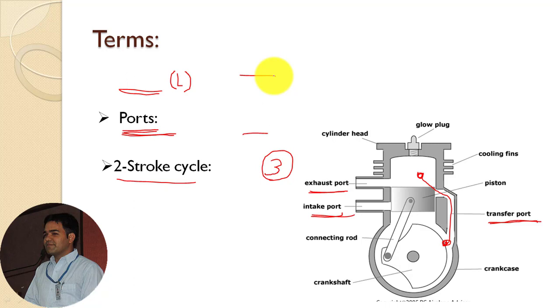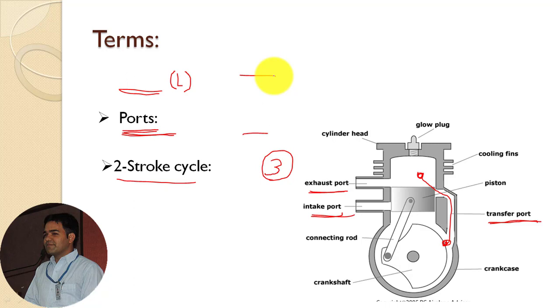Now we are aware of the meaning of stroke, so we can say that all four processes of the power generation cycle complete during 4 movements of the piston between the top dead center and the bottom dead center inside the cylinder. During this power generation cycle, in a four-stroke petrol engine, the crankshaft rotates twice. It completes 2 revolutions.